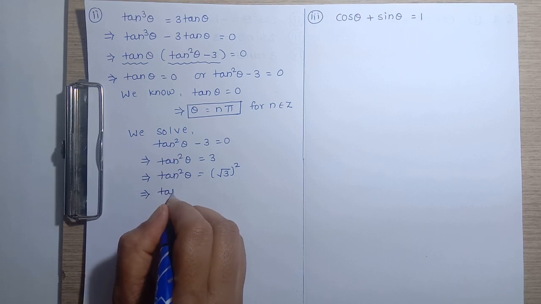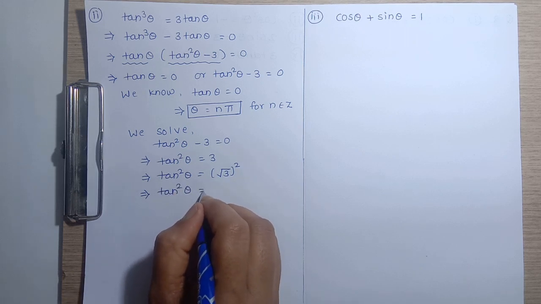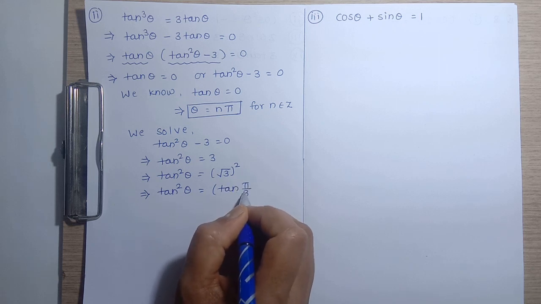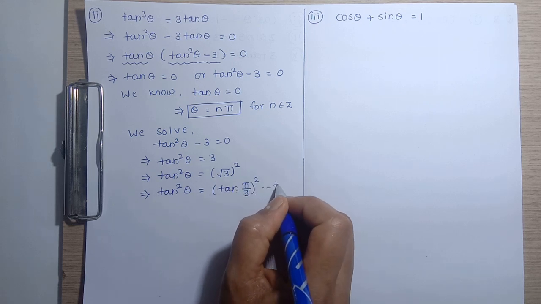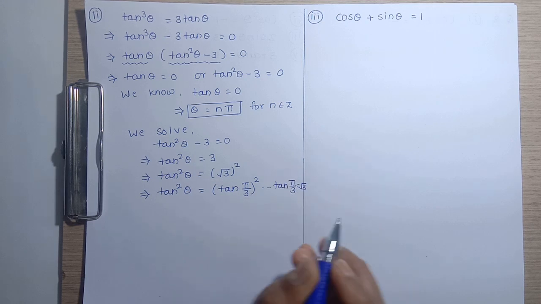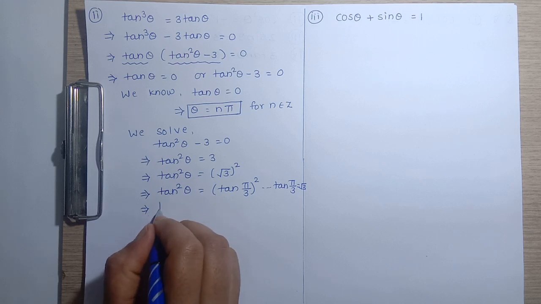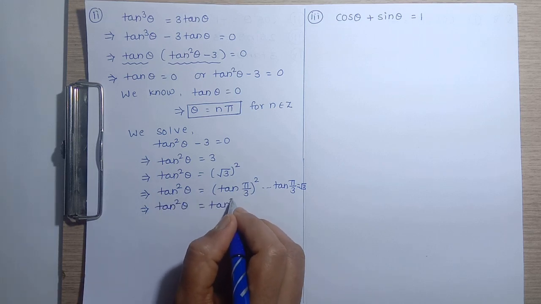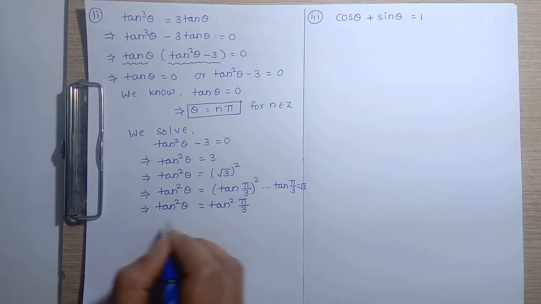Therefore, we write tan square theta is equal to tan of pi by 3 bracket square, because tan of pi by 3 is root 3. Okay, therefore tan square theta is equal to tan square pi by 3.